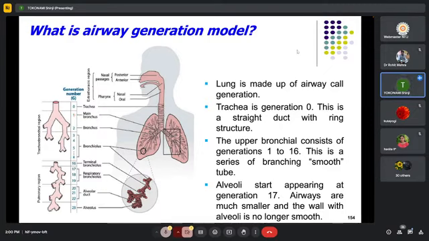This is a series of branching smooth tubes. Alveoli start appearing at generation 17. Airways are much smaller and the wall with alveoli is no longer smooth, as you can see, like this.